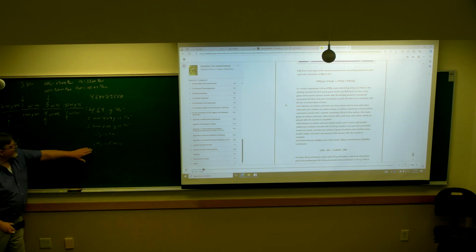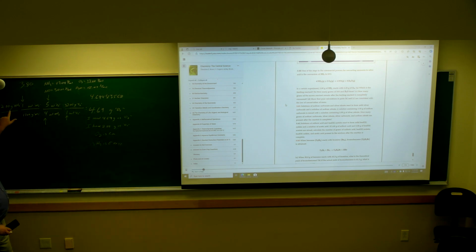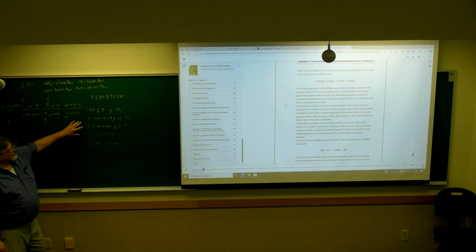If I'd started with O2 here, I would have found out that I had too much NH3. Like I said, if you're going to get confused, this is where it'll be.